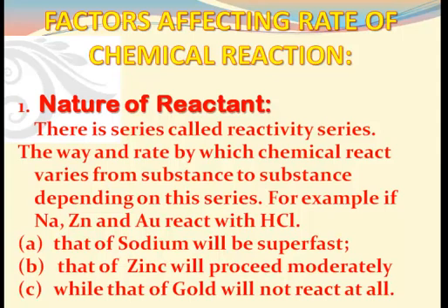That of zinc will proceed moderately, while that of gold will not react at all. Why? Because sodium is very high in the activity series, zinc is at the middle, whereas gold is at the bottom of the activity series.